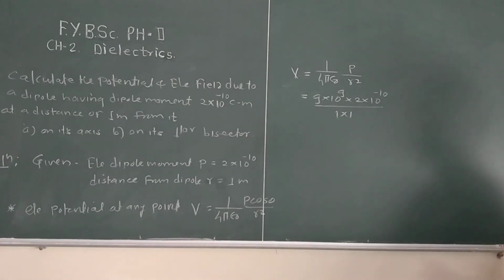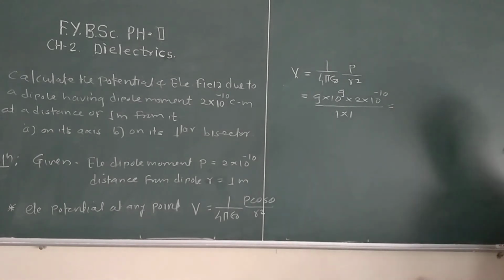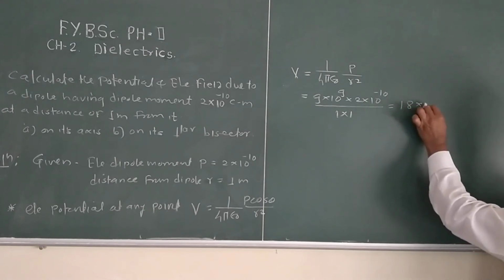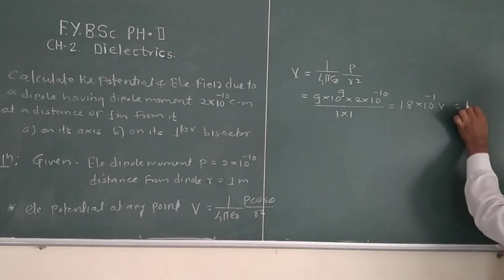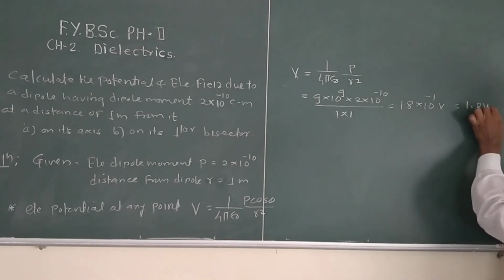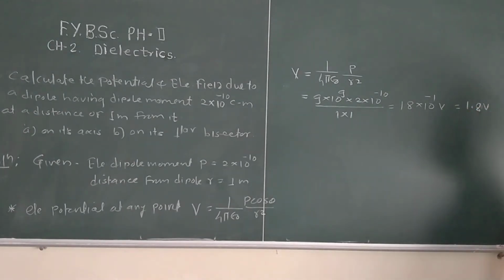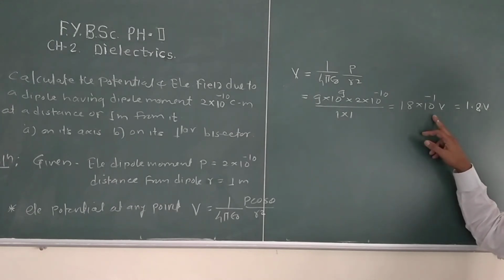Okay, so when we do the calculation, the answer is 18 into 10 raised to minus 1 volt, and that is equal to 1.8 volt, right? So this is the electric potential due to dipole on the axis of dipole.